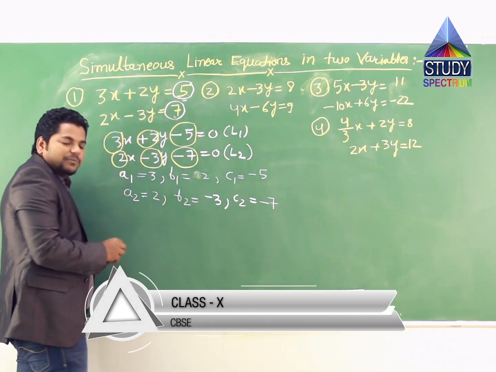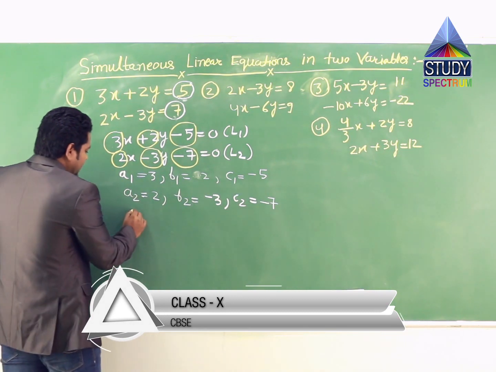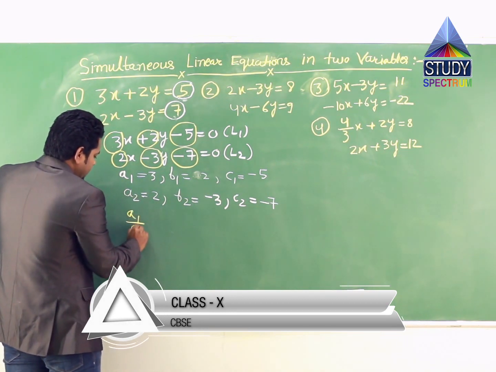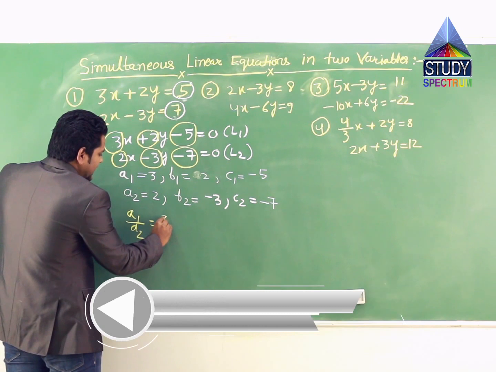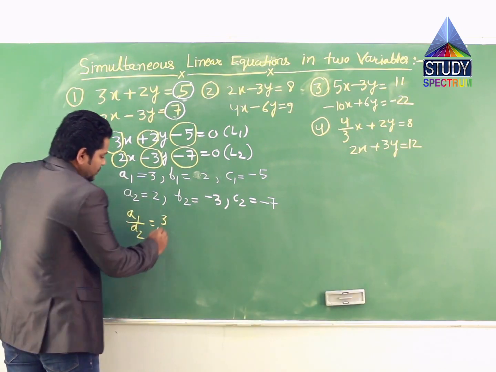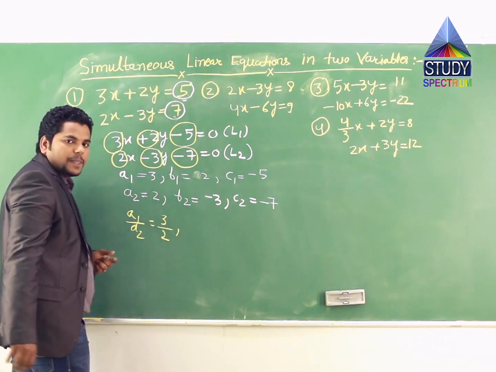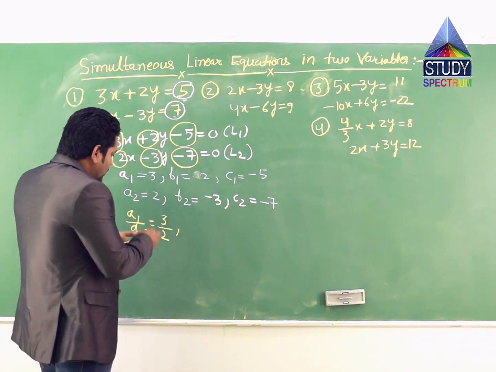So now we'll calculate A1 by A2. A1 by A2 here will be 3 by 2, as A1 is 3 and A2 is 2. Now come to B1 by B2.